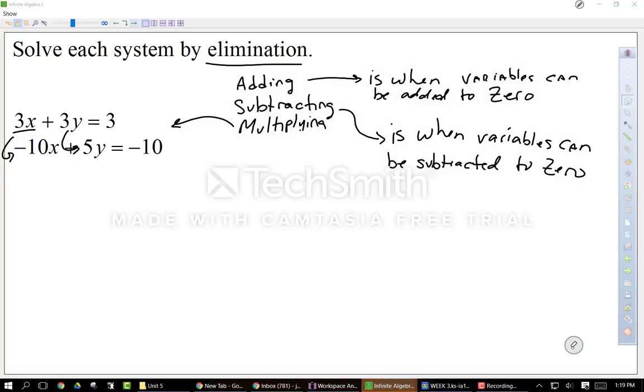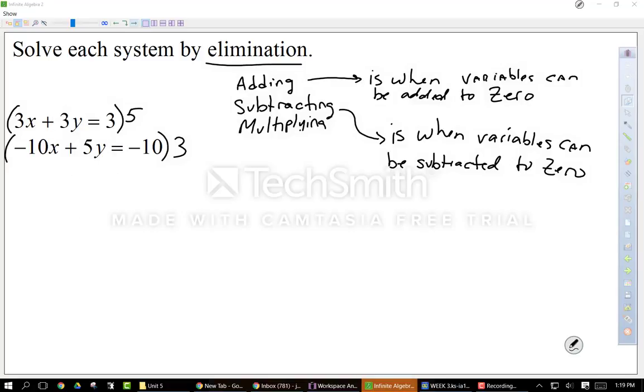So what I'm going to have to do is multiply both of them so that I can then cancel stuff out. So let's multiply this top one by 5, and let's multiply this bottom one by 3. Because then I'll have 15 here, 15 there, and then I can get rid of stuff.